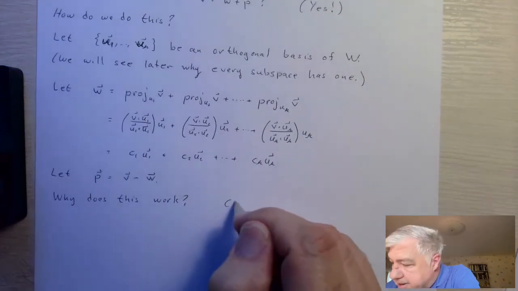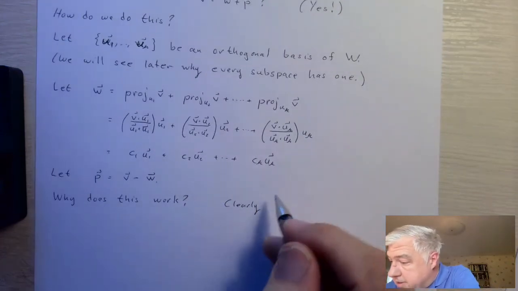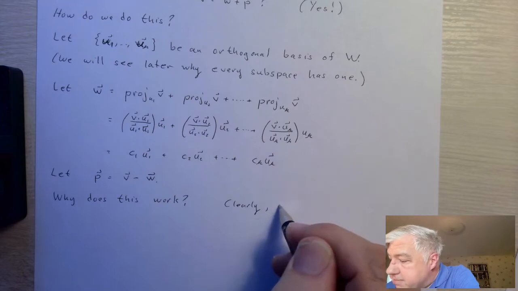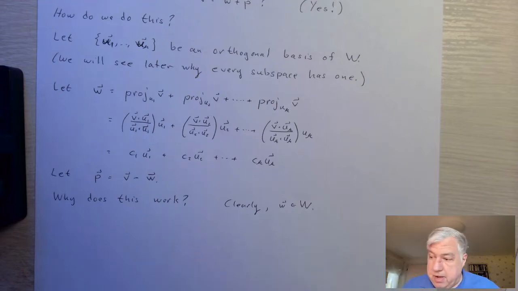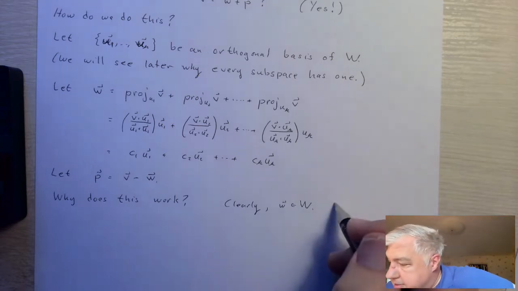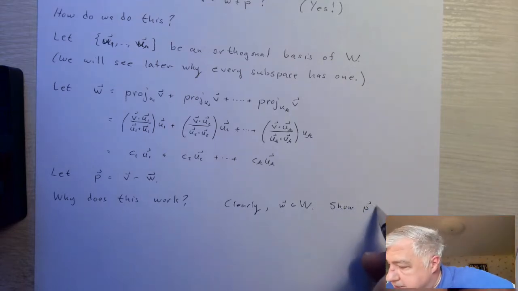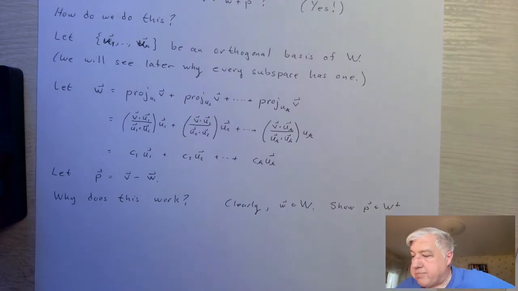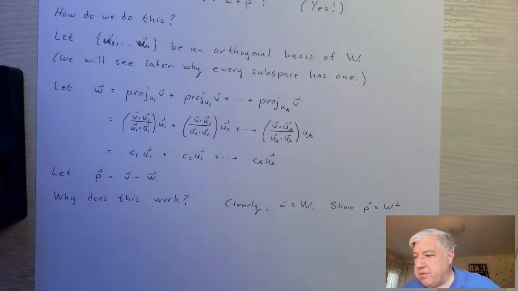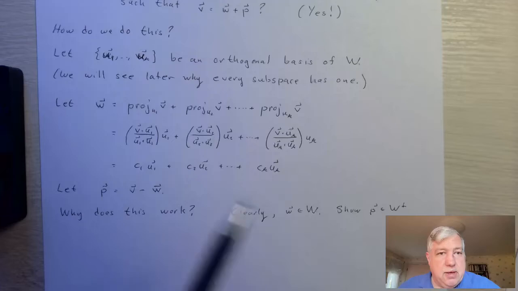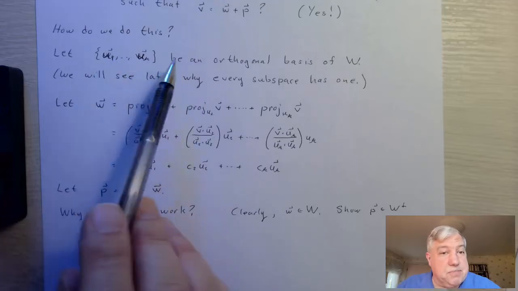So clearly, little w is in big W. Now we need to show the other thing: that P is in W perp. What we can do is show that P is orthogonal to each element in its basis.